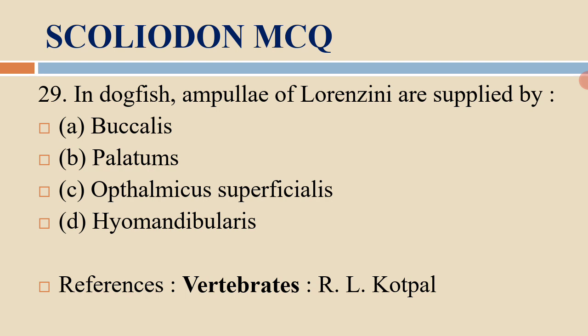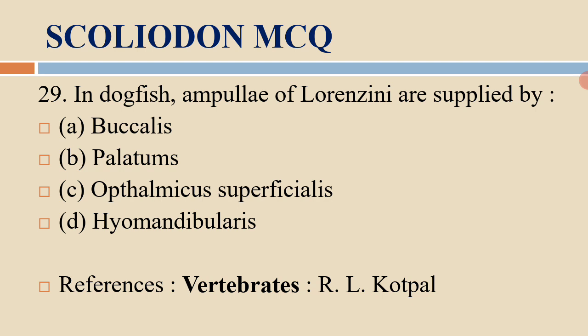And the last multiple choice question based on Scoliodon is: in dogfish, ampullae of Lorenzini are supplied by which cranial nerve? The ampullae of Lorenzini are a range of small pores which are sensory in function.